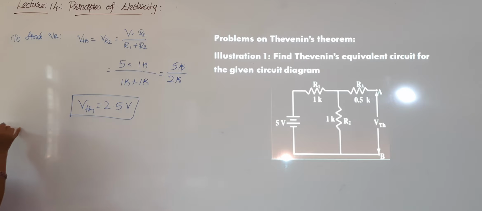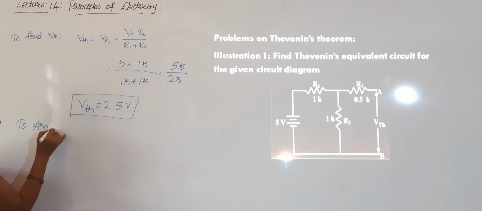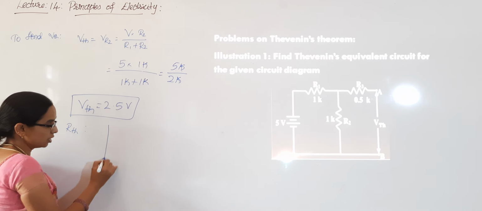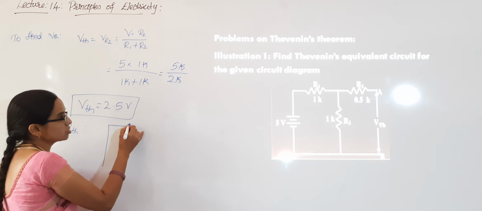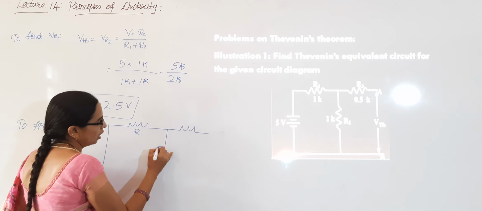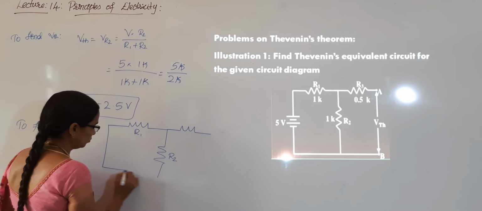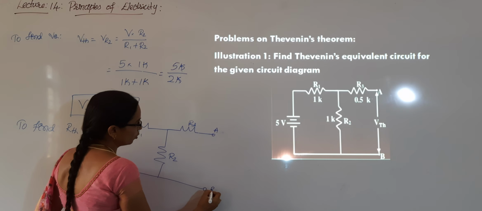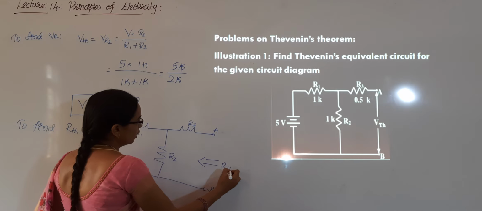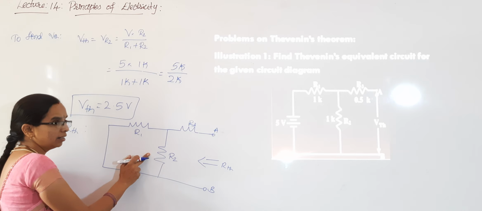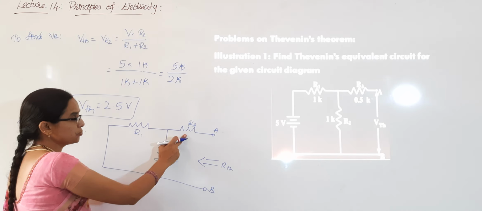Okay, to find RTH, what do we have to do? We have to draw the circuit by replacing the 5 volt supply by a short circuit. R1, R2, R3, and the terminals A and B we mark like that only. We have to find RTH from this end. Looking from this end, R1 and R2 will be in parallel and those in series with R3.